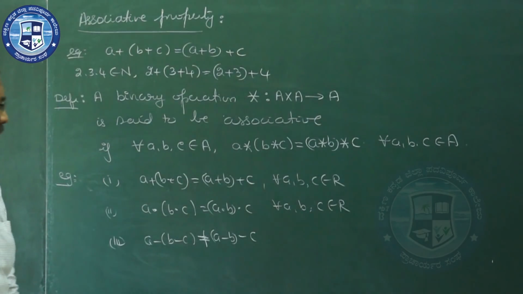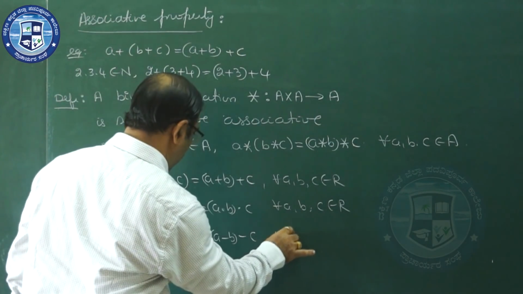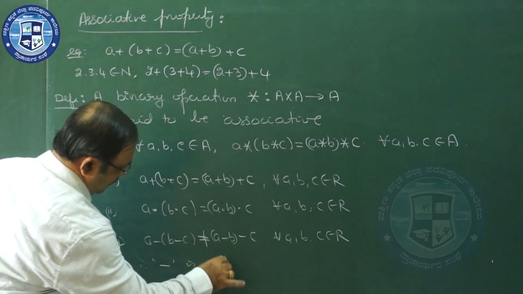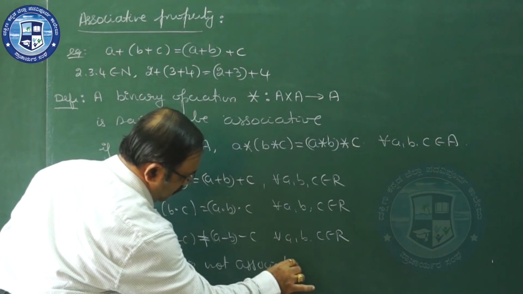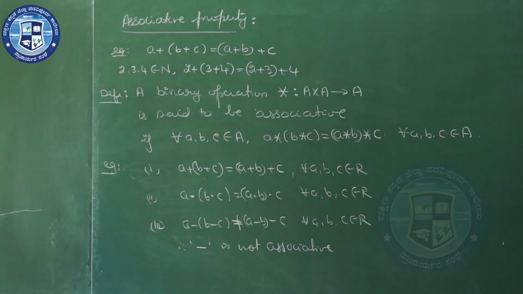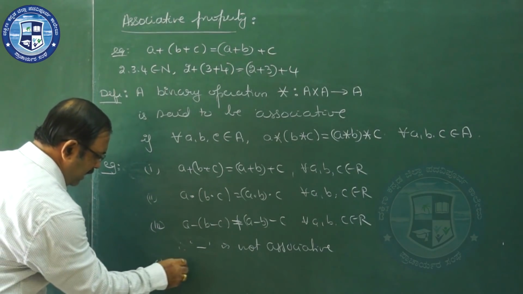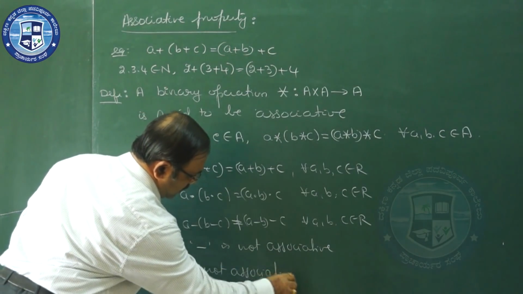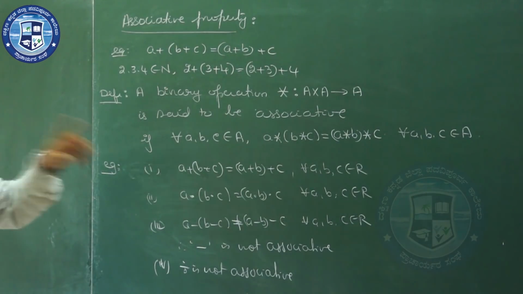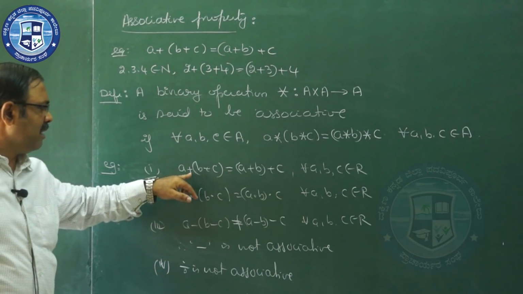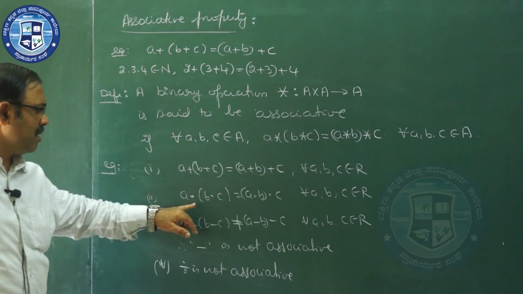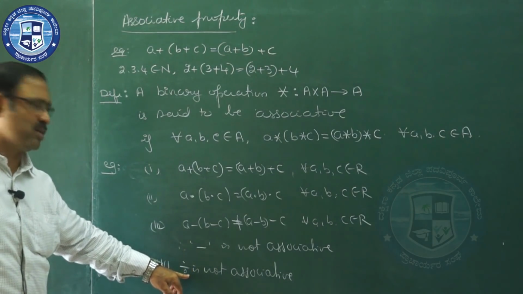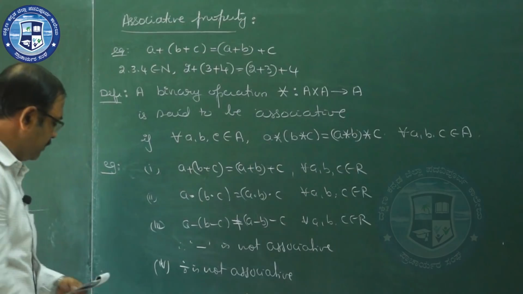Why? This is not equal for all A, B, C belonging to R. Therefore, minus is not associative in the set of real numbers. Similarly, division is not associative. So, in the set of real numbers, plus is associative, into is associative. What about minus and division? They are not associative. Hope you have followed the idea.